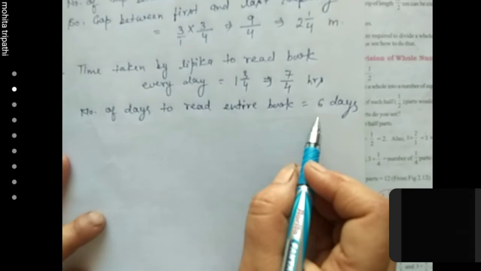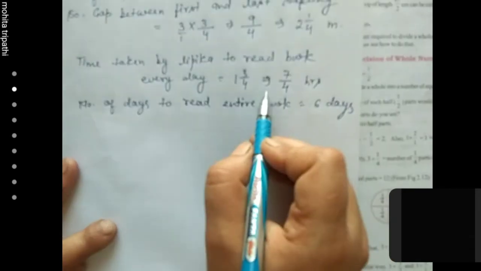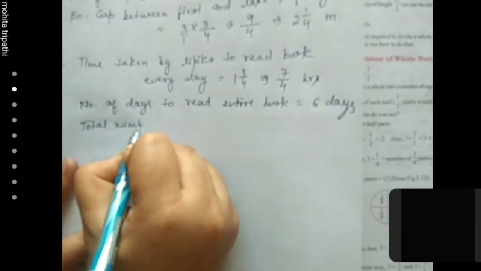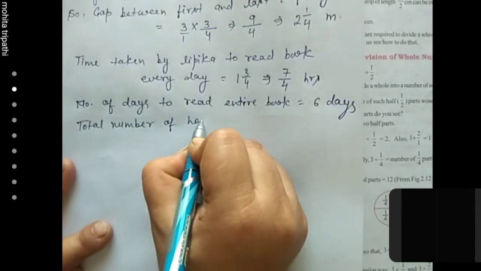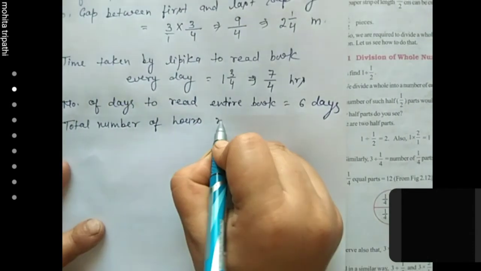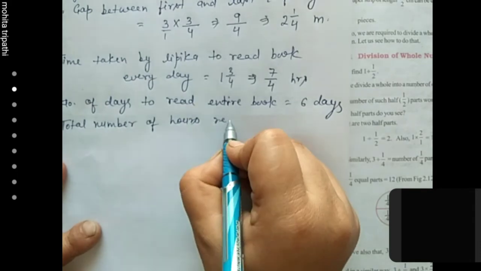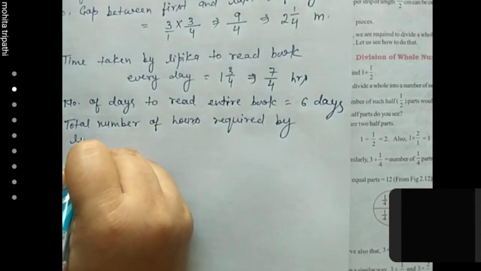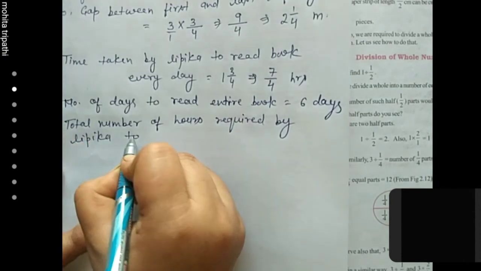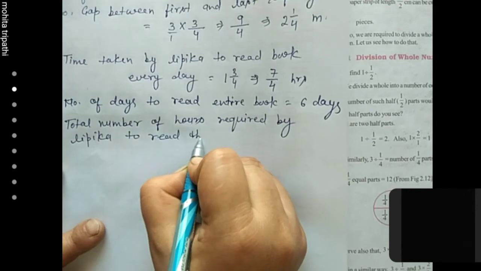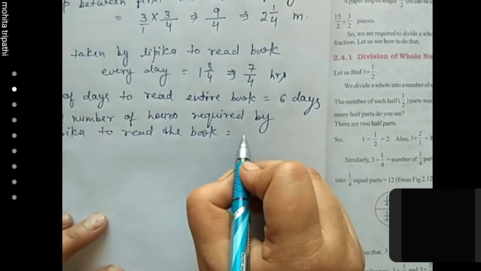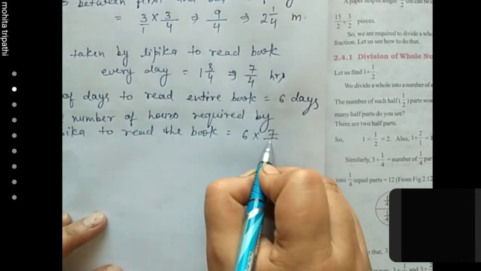The number of days is given to you, the number of hours every day is given to you. The question is the total number of hours required by Lipika to read the book. It is days multiplied by hours every day.